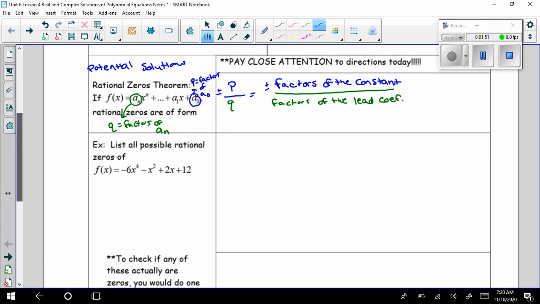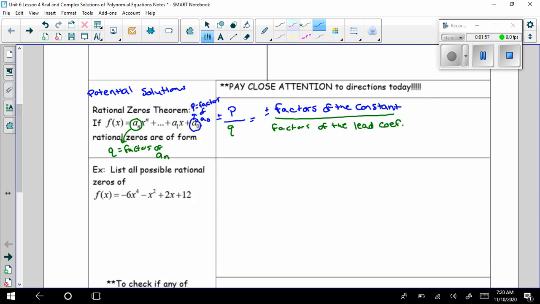So if a question is asking you to list all possible rational zeros, then you're going to look at your constant here, 12. And so P is plus or minus 1 and then plus or minus 12. And I'm just going to list my pairs.